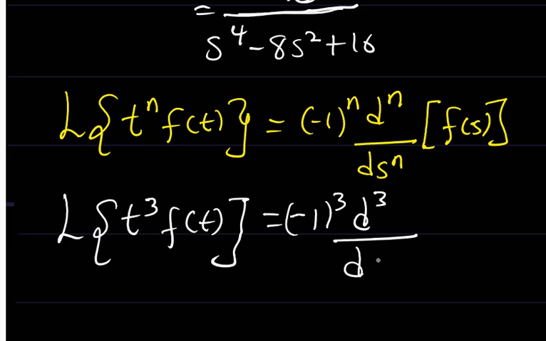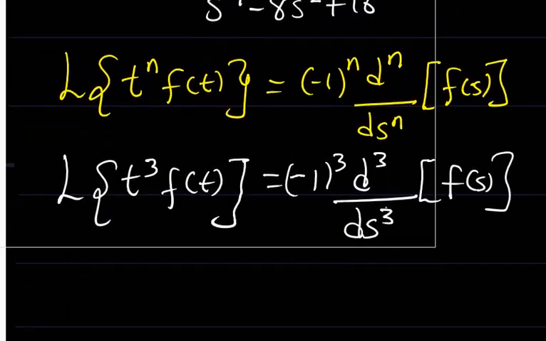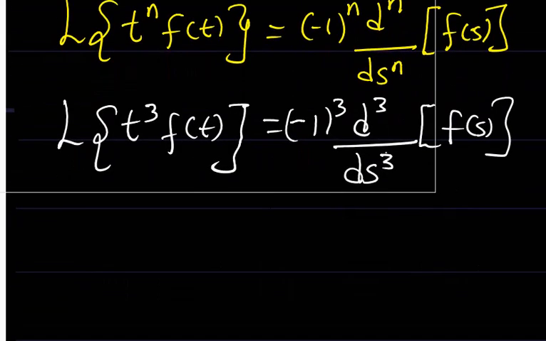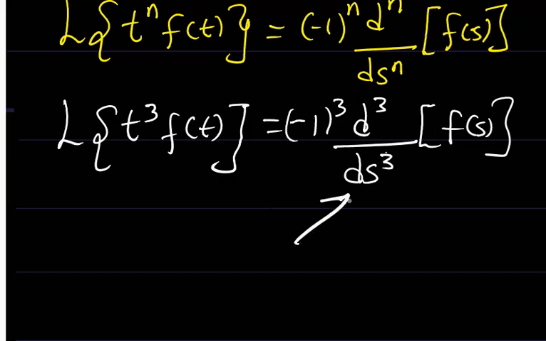I hope you can still remember different degrees of derivative, the s raised to the power 3 of whatever function we have as our f of s. We are going to practicalize this as we progress with more examples.